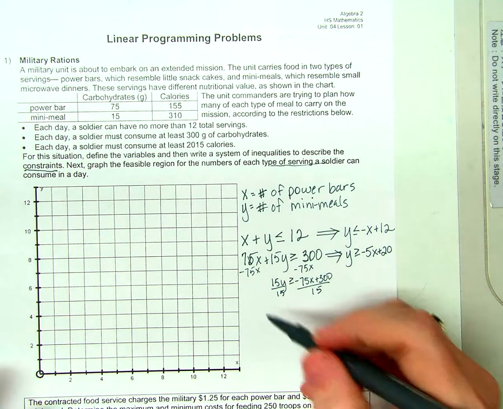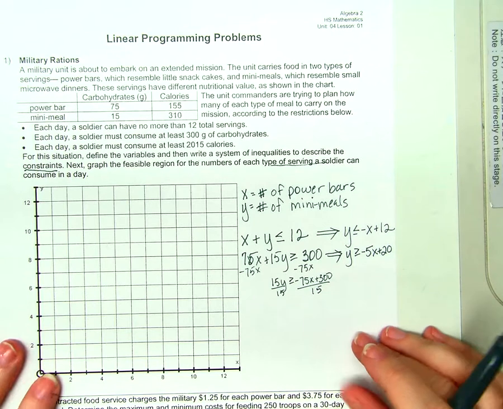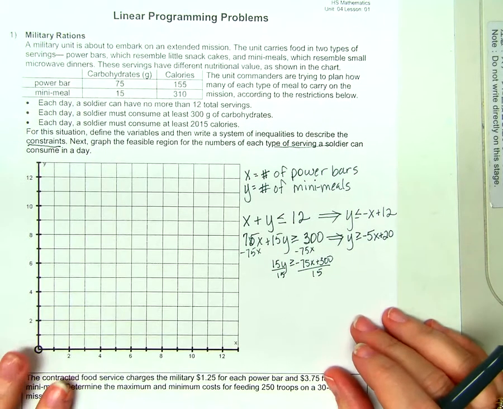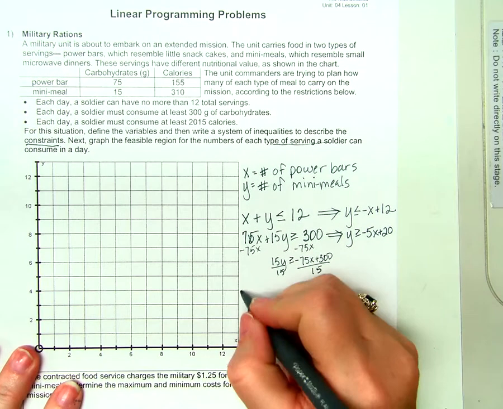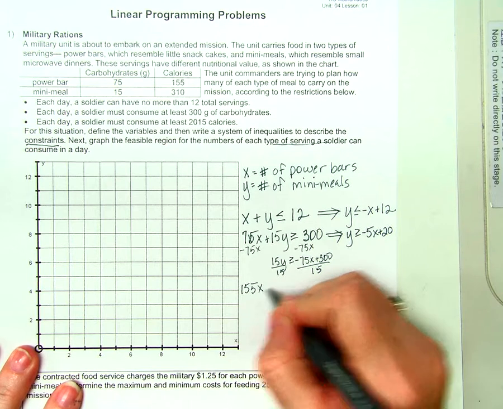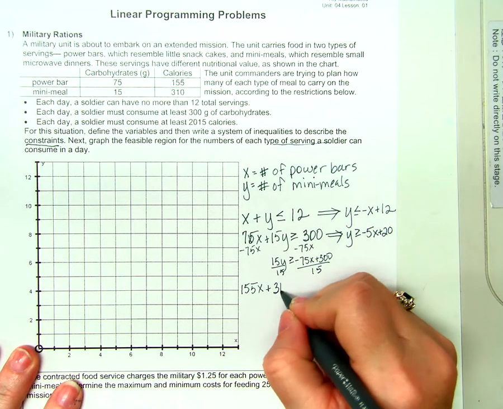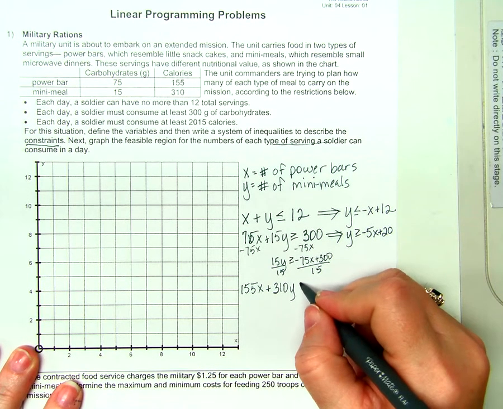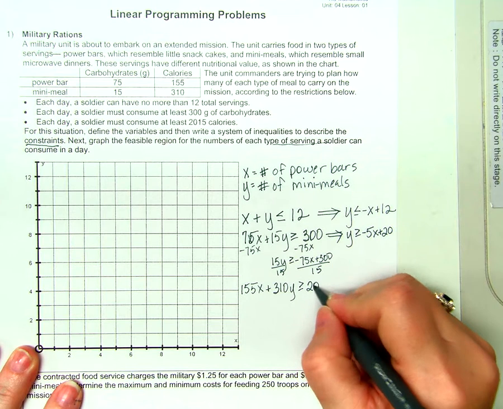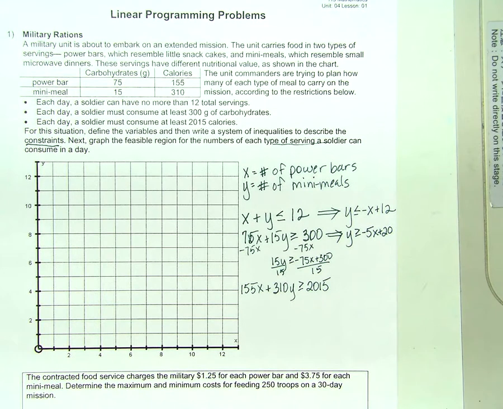So make sure you use all the information that's there. You're telling me there's one more? What do you think it should be? 155x plus 310y. And what is that inequality all about? Calories. Very good.